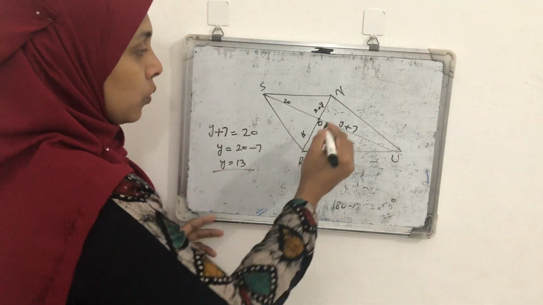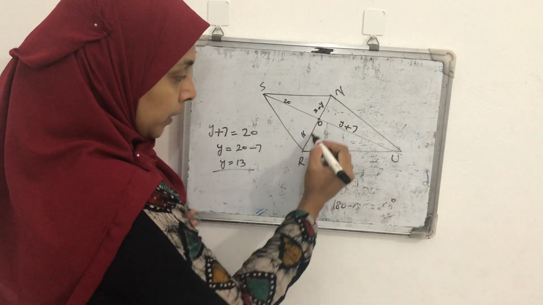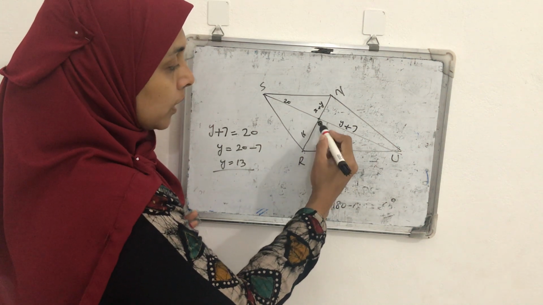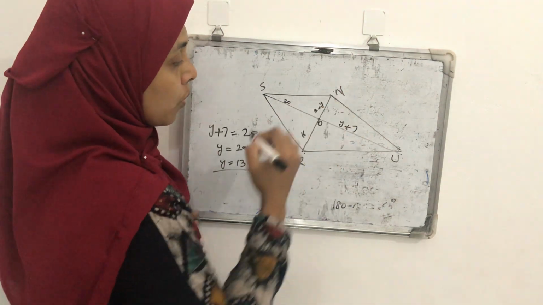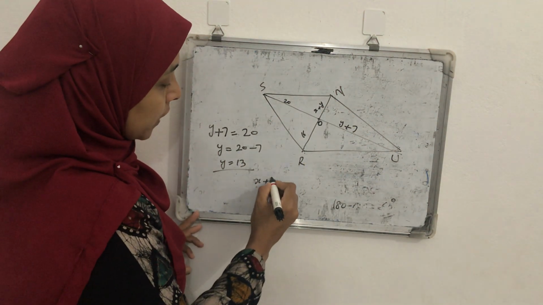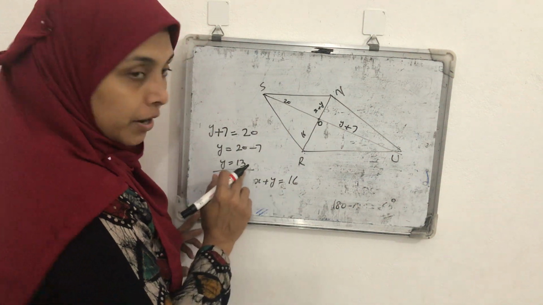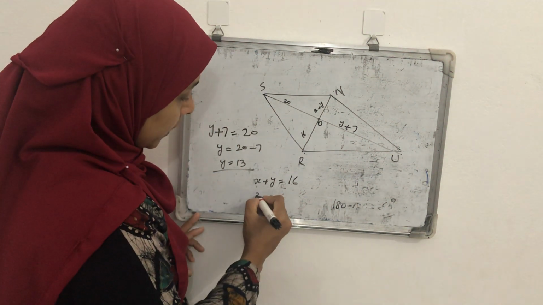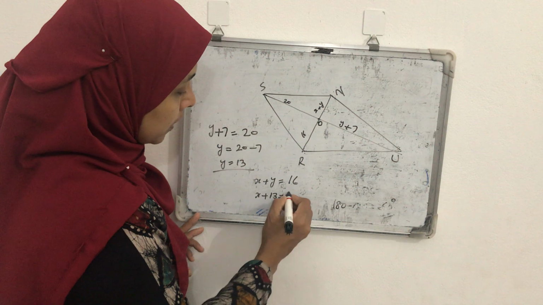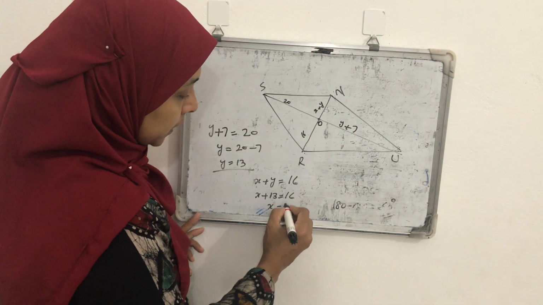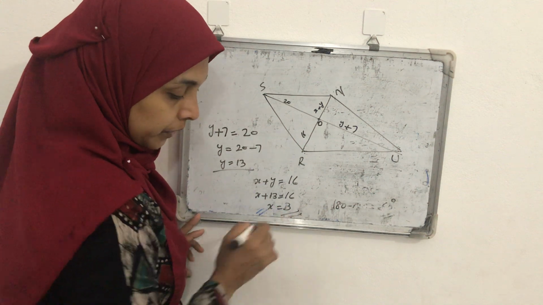Using the other diagonal, OR will be equal to ON. So x plus y equals 16. We already got y equal to 13, so x plus 13 equals 16. Therefore x is equal to 16 minus 13, that's equal to 3.